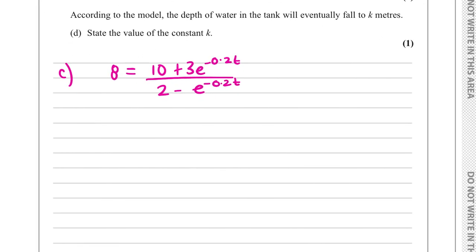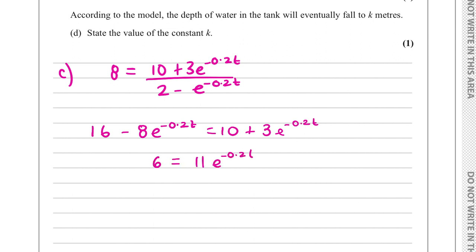Multiply both sides by 2 minus e to the minus 0.2t, so we get 16 minus 8 lots of e to the minus 0.2t equals 10 plus 3e to the minus 0.2t. So we get 6 equals 11e to the minus 0.2t. 6 over 11 equals e to the minus 0.2t. Therefore, we take ln of both sides. So ln of 6 over 11 equals minus 0.2t.